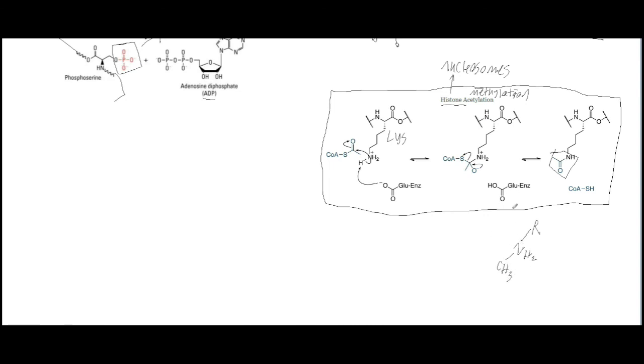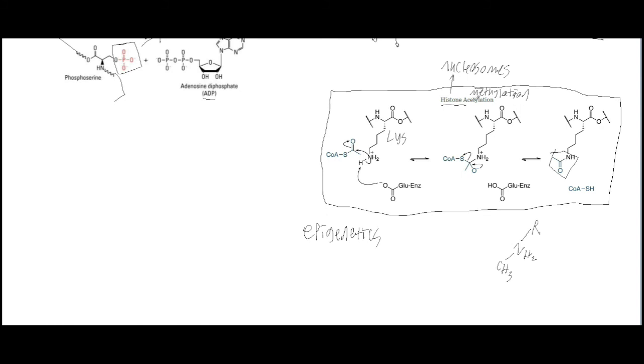Things like that. These are on histones, and I'll talk about histones a bit more in a future video when I talk about DNA. But if you've heard of epigenetics, that's what this is.